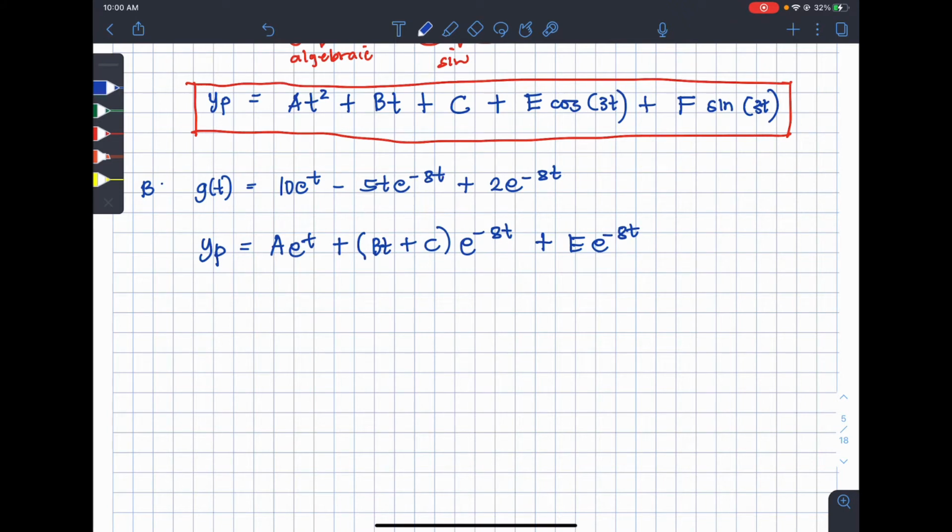Kaya lang, pag dinistribute ko kasi yan, this would be bt e raised to negative 8t plus c e raised to negative 8t plus e raised to negative 8t. As you can see here, these two are the same. So, di ba, we can factor out e raised to negative 8t, and then we'll just have c plus e.